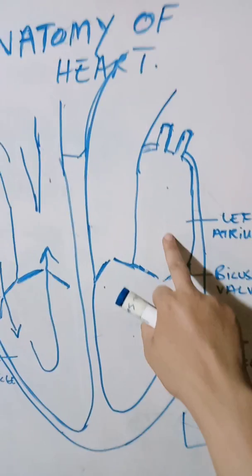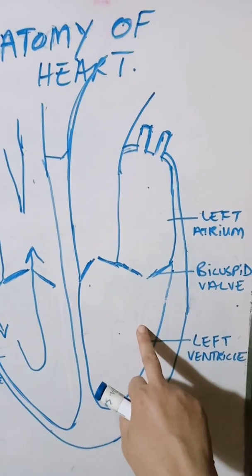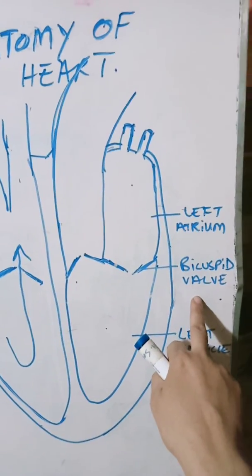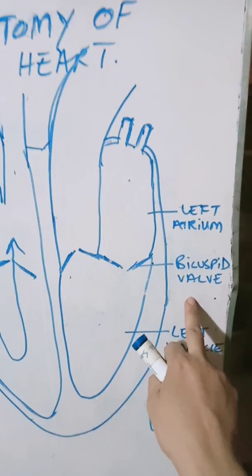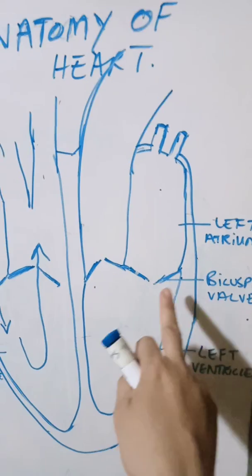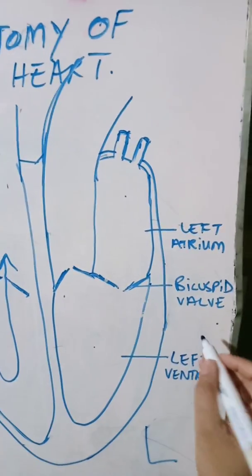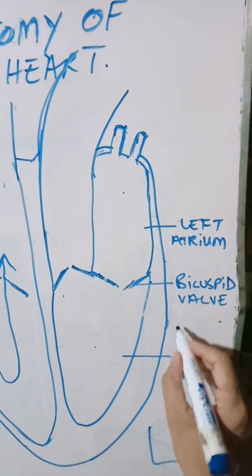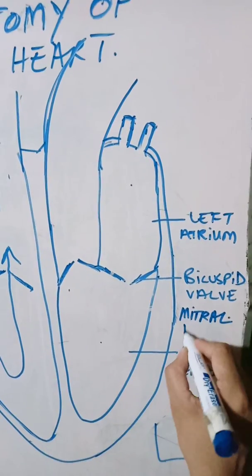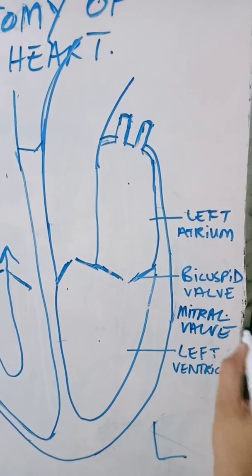Now you see the left atrium and left ventricle have a valve between them, which is called the bicuspid valve. The bicuspid valve has bi, or two, cusps. Okay, this is also called the mitral valve.